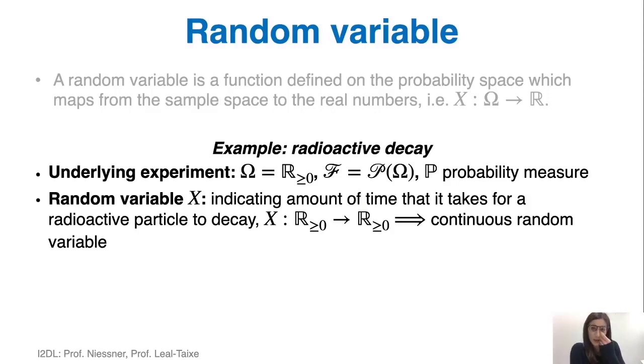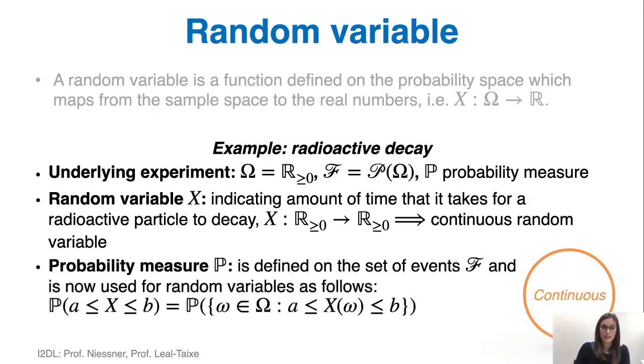And the input is our omega, and this is also our definition of R greater or equal to 0. And as you see, the outcome space of our X is a continuous set because the real values are all greater or equal to 0, so we have a continuous random variable.